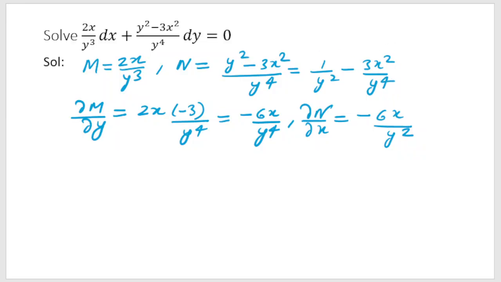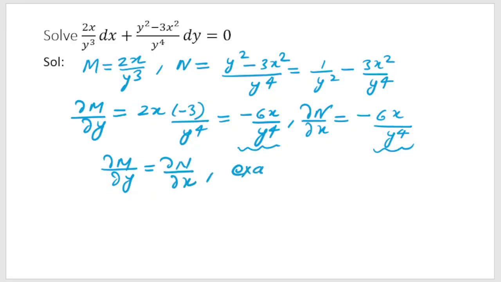And here also I will get y to the power 4. So maths has a beautiful nature that most of the time when you make a mistake you realize. So you have got the same thing, del M by del y is equal to del N by del x. So the differential equation is exact.